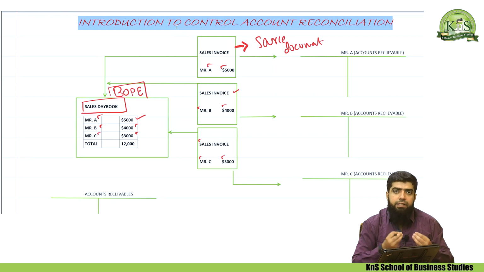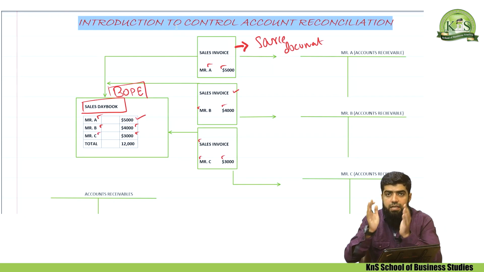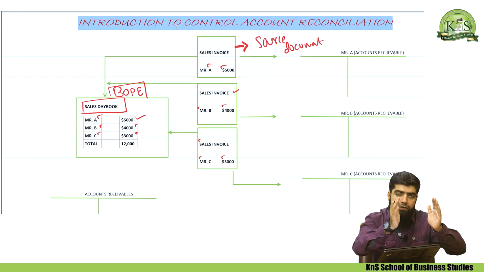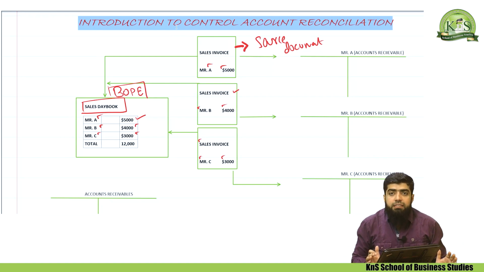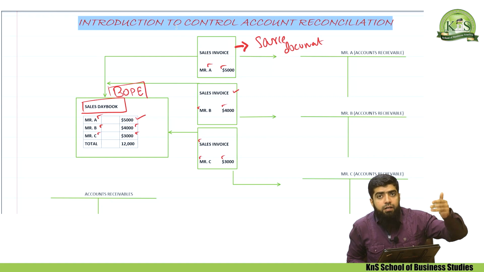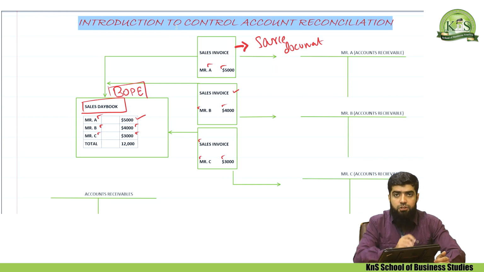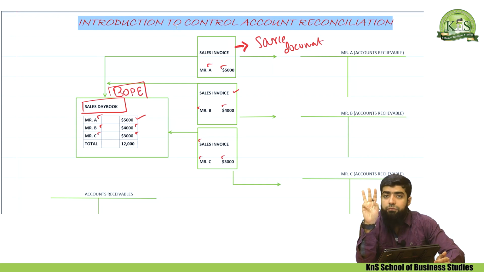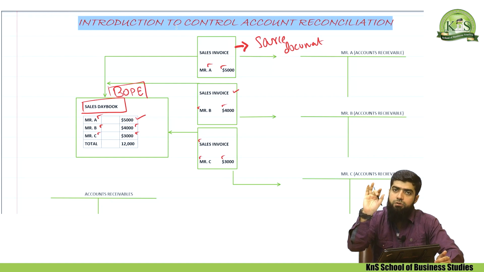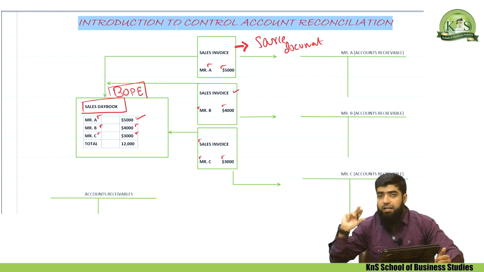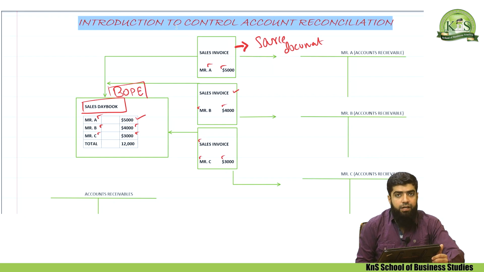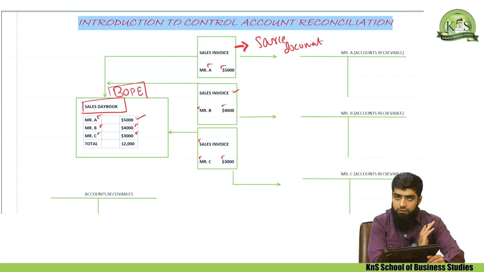That is the ultimate advantage of the sales day book: the same nature of transactions are recorded at one place, which means I am not required to prepare entries for individual transactions. If I were recording all of these transactions in a journal, I'd be recording 3 entries: account receivable debit, sales credit, three times. But this is not to be done.